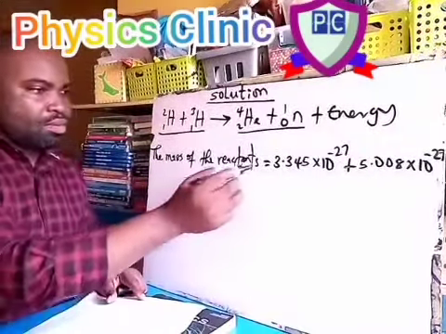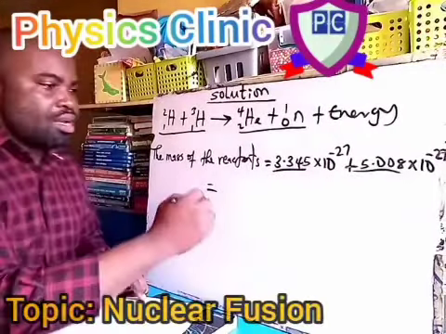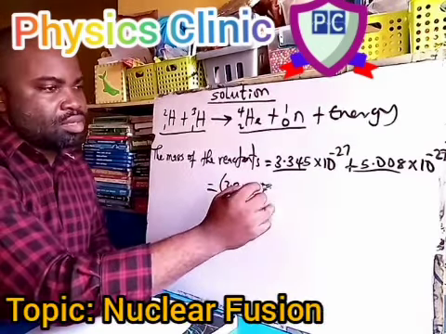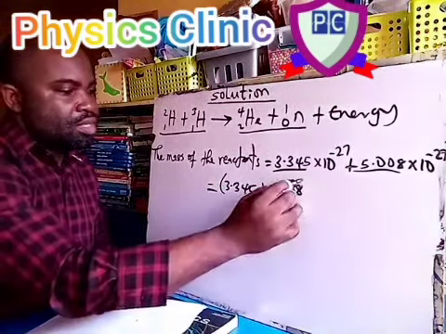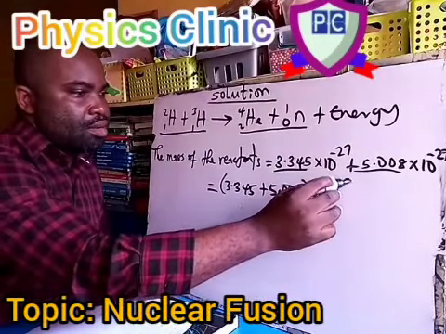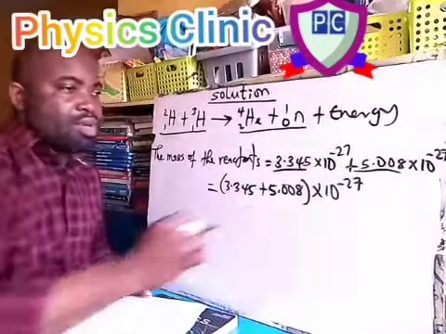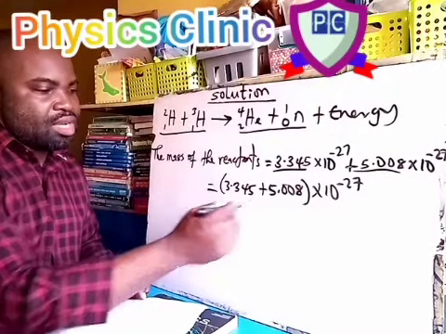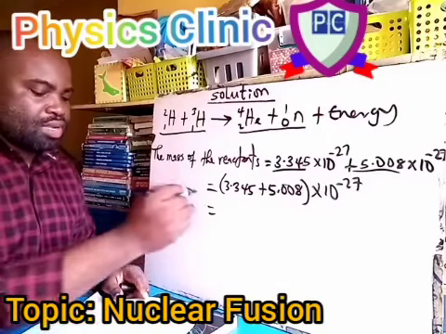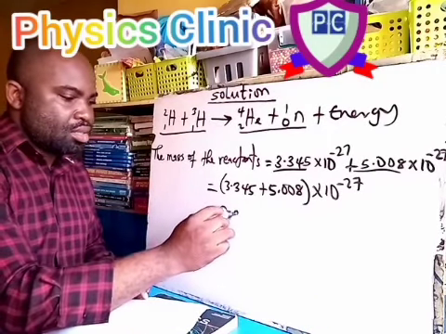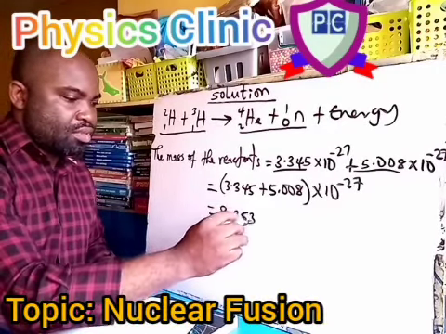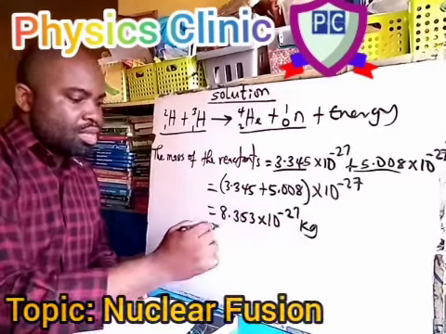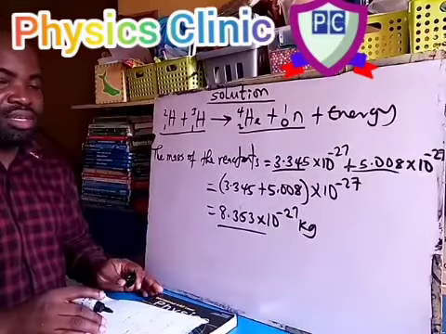Adding these two together, we have 3.345 plus 5.008 all times 10 raised to the power minus 27, because 10 raised to the power minus 27 is common in this case. When you add 3.345 and 5.008, we are going to have 8.353 times 10 raised to the power minus 27 kilograms. This is the mass of the reactants.